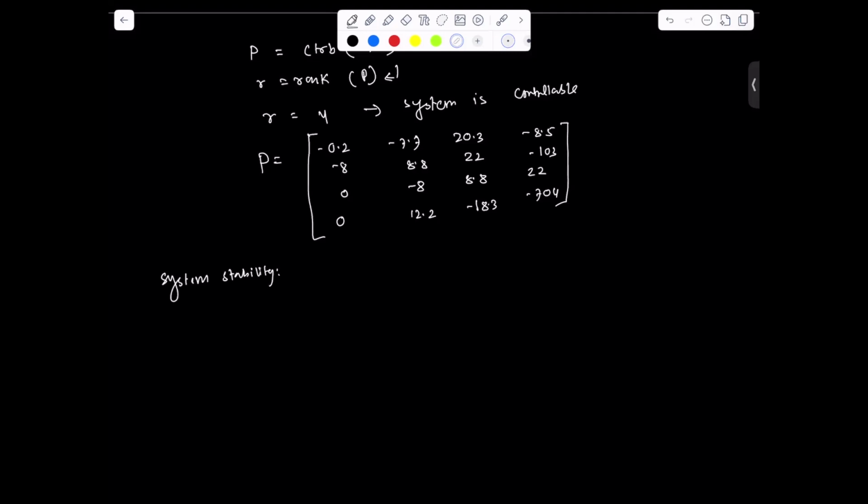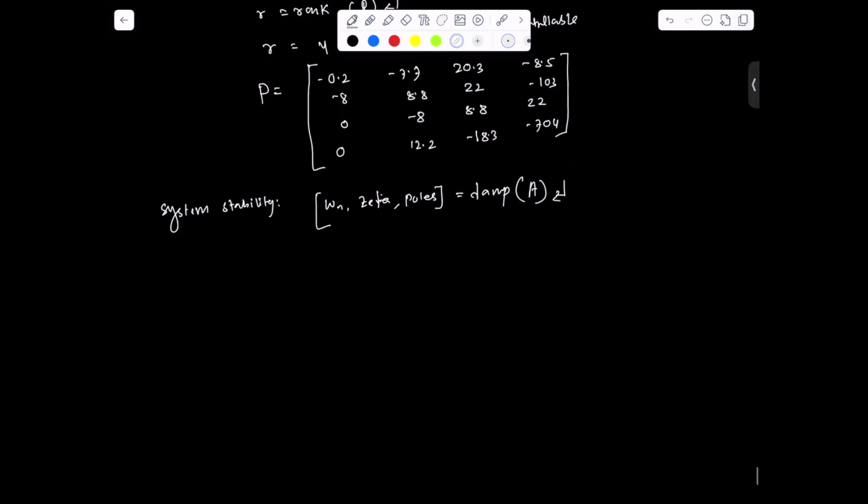For that, we can use the damp function. If we enter, we have omega n to be 0, 0, 2.34, and 2.34.